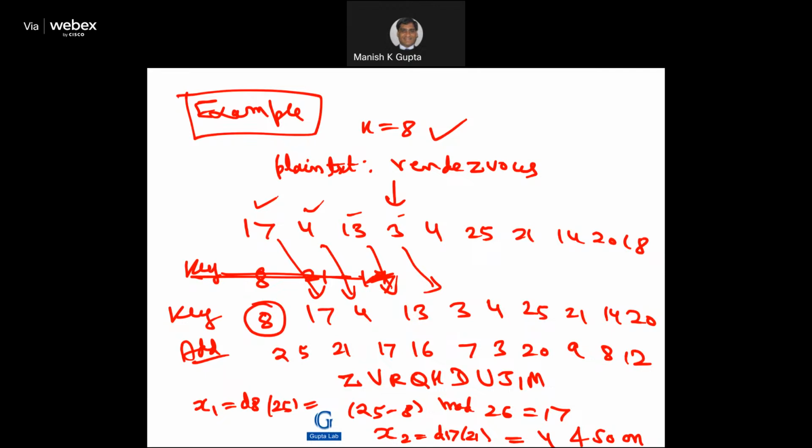So the key stream is a function of not only the key, which is k equal to 8 here, but also the plain text. Then you get the encryption, and encryption and decryption are straightforward.